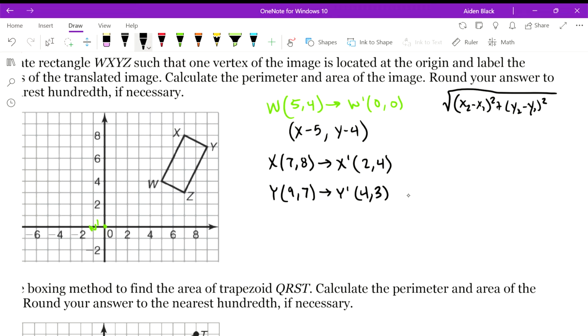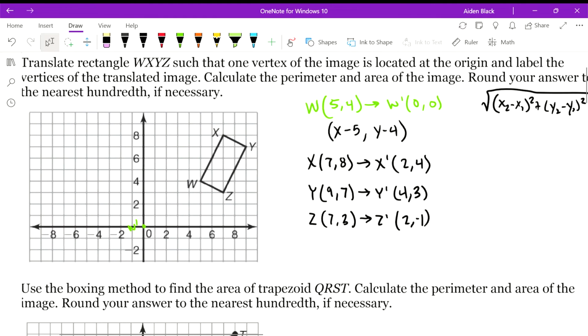Okay, so these are our new points, and then of course Z is located at 7, 3, which means when we translate it, it ends up being at subtract 5 and then subtract 4, so we should have 2, negative 1.